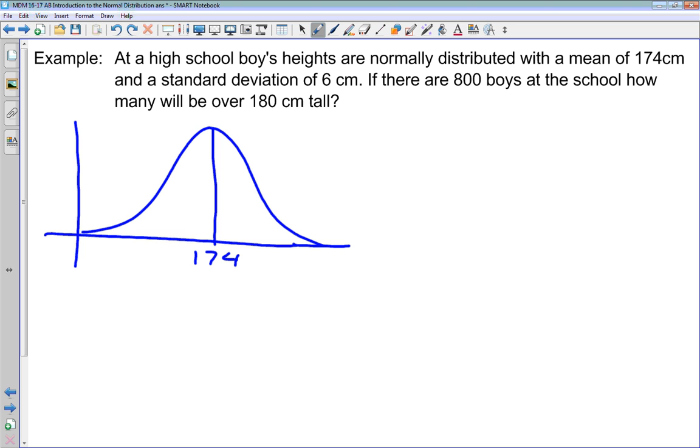And if our standard deviation is 6 centimeters, we can sort of approximately put a line here and a line here that is 1 standard deviation away from it. So this might be 6, and this might be 6 that way. So if we go up 6 from 174, that line is at 180. And if we go down 6 from 174, that line would be at 168.